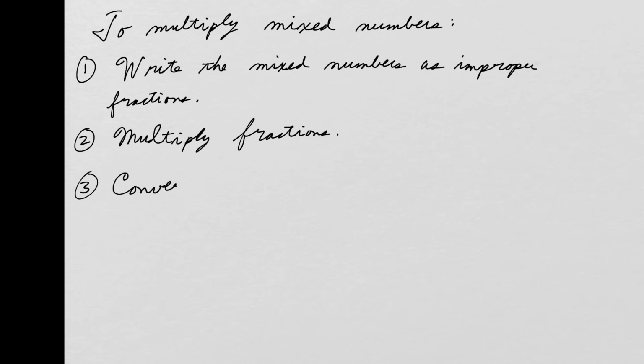Because usually if they give you the original question in terms of mixed numbers, they will want the answer in mixed numbers. And my open math will tend to be like that too. It'll usually tell you whether you can put it in mixed number or just leave it as improper fraction. So usually we convert back to a mixed number. And then simplify, of course, if possible.